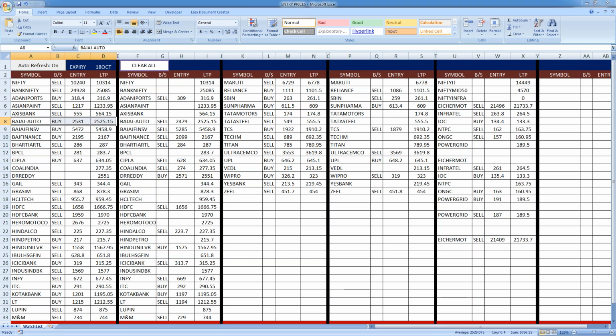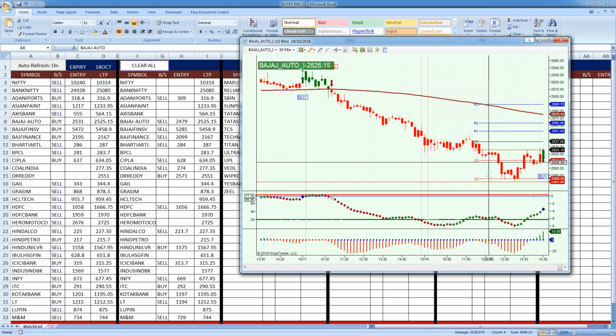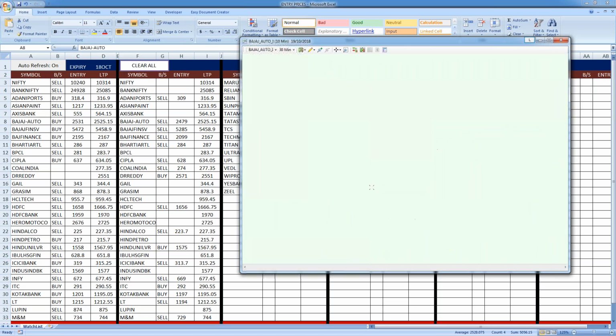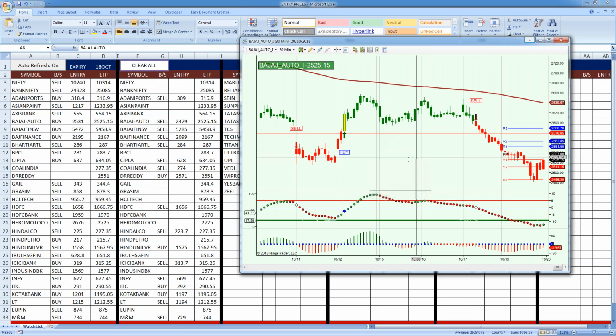Then these R1 and R2 levels will change tomorrow morning as per the market open. So you see what is your first target, second target, third target. Keep trailing the stop losses and you can enter into that trade. So this is one part of it.